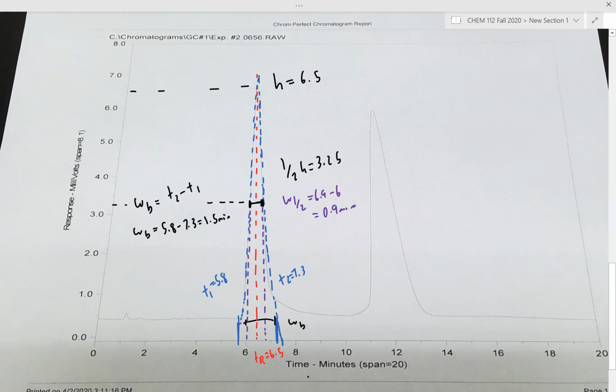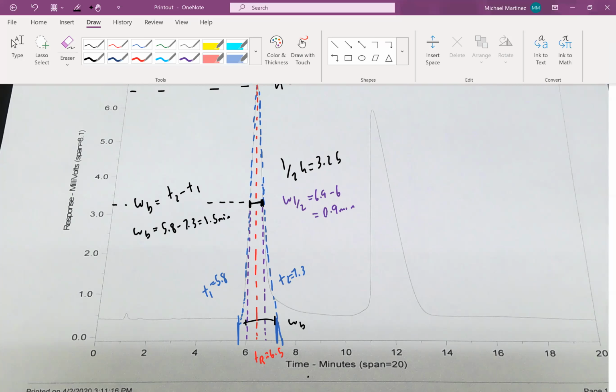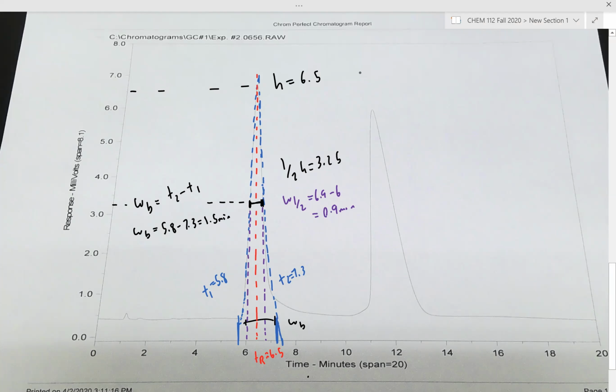So from this information for this peak, we'll calculate the area using method 1 as 1/2 height times the width, which would be 1.5 minutes. And the area using method 2 would be the width at 1/2 height, which is 0.9 minutes, times the height, which is 6.5.